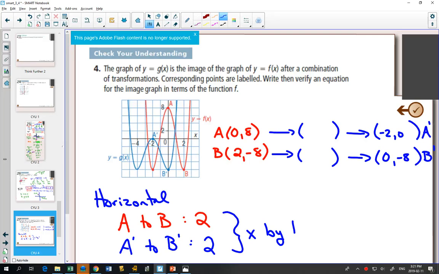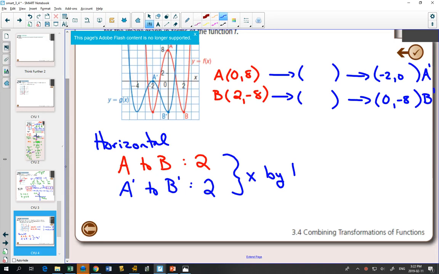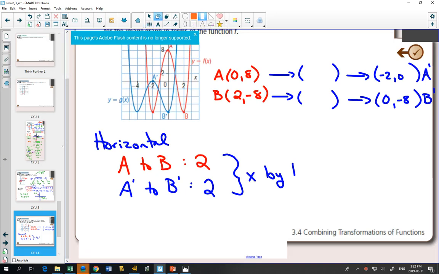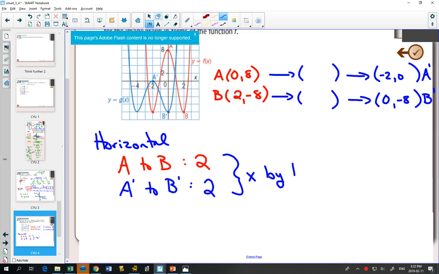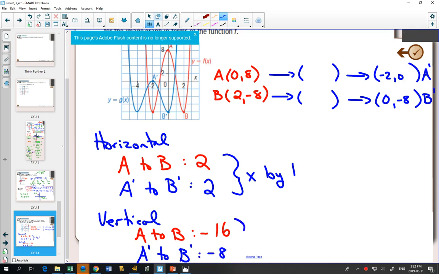But when we look at our vertical distances from A to B, we are going down 16. So I'll represent that as a -16. And on our blue graph, from A prime to B prime, we're going down 8.